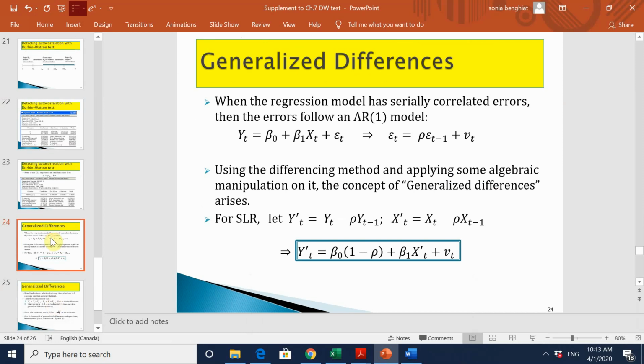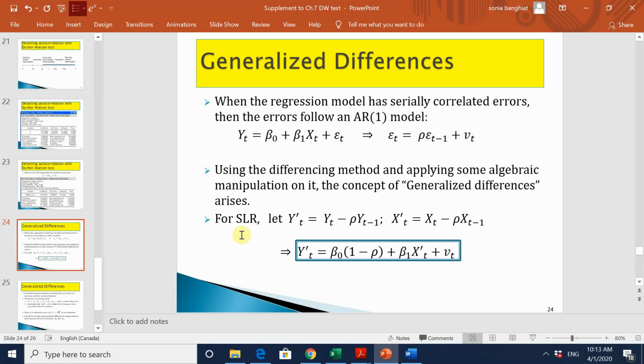If we want to make this linear regression model more representative of what is really going on, then we need to account for the error term, which is in fact another model in itself. It is an autoregressive model of order 1.